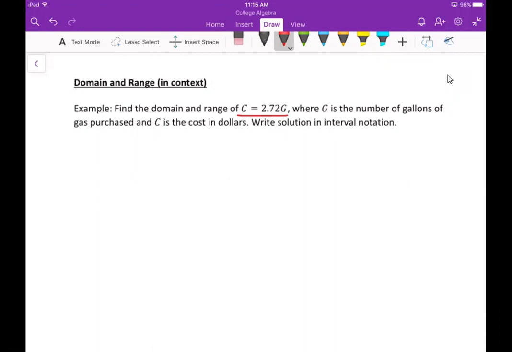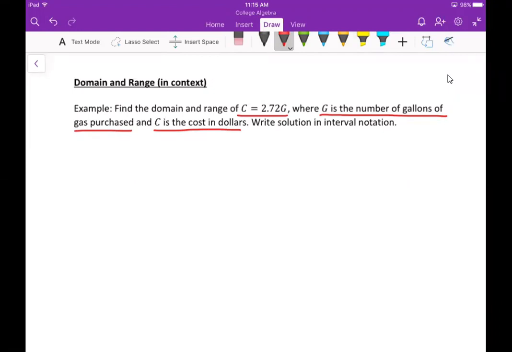Now at this point, it's a little bit harder to find domain. We'd probably have to graph the function or something like that to figure that out. But as soon as we're given context, this will help us. We know G is the number of gallons of gas purchased, and C is the cost in dollars of that gas. As soon as we have that context, we can start to think about what values make sense to plug in.